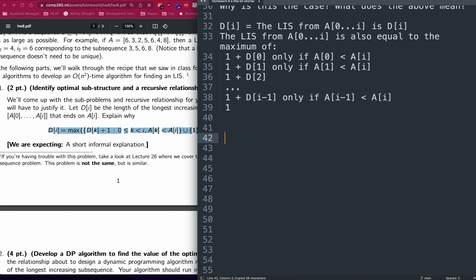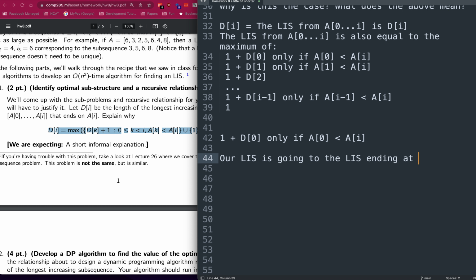What is this saying? This is saying our LIS, our longest increasing subsequence, is going to be the longest increasing subsequence ending at index 0, right? Because D0.